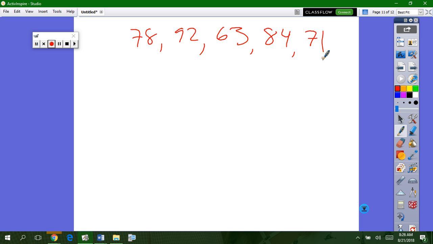A C minus is really the lowest you want to get in a college class, because usually they'll let you carry on to the next class. Anything with a D, yes, you pass the class, but they usually won't let you continue on. So what score would I need on my final to make sure I at least get a 70%?